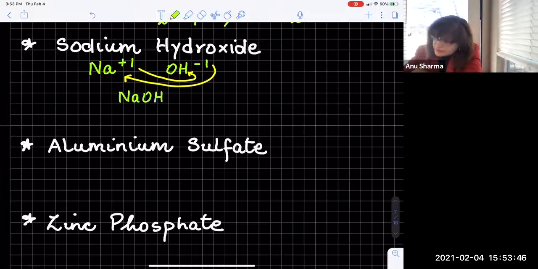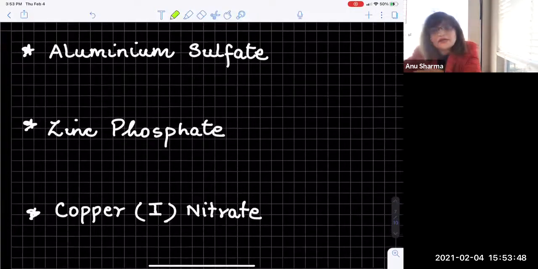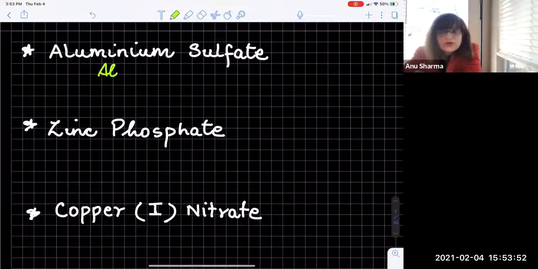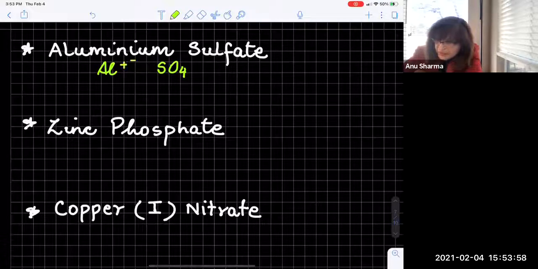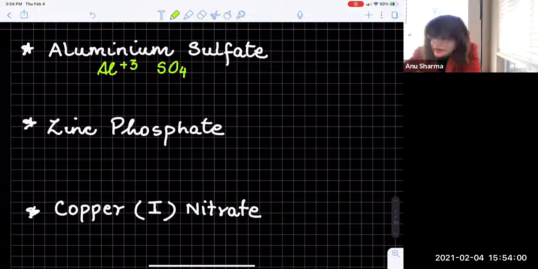Next comes aluminum sulfate. Aluminum is Al, and sulfate is SO4. The charge on aluminum, group 3A, is +3, and sulfate is -2.